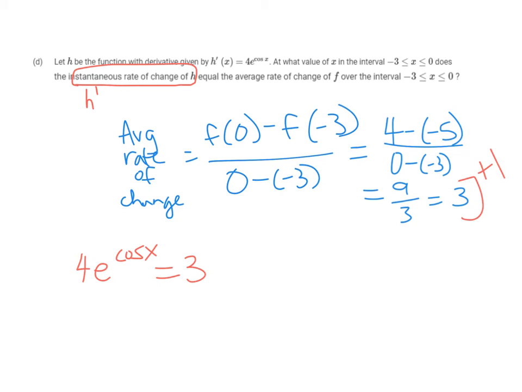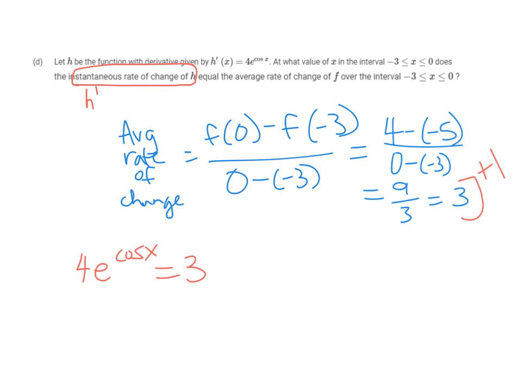This type of problem is really, really hard to do by hand. Luckily, you will have a graphing calculator available to you. So you are going to just solve this on the graphing calculator. I'm going to show you how I recommend that you solve it. And actually, anytime you have an equation to solve, you can use this strategy.